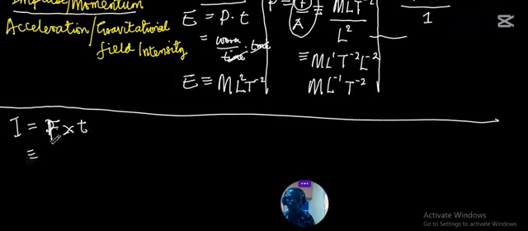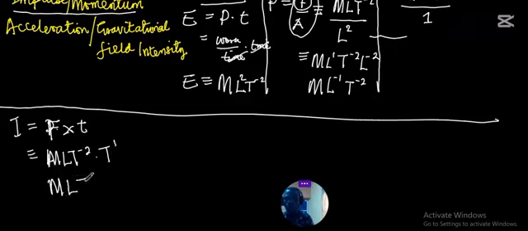And the dimension for force has been established as MLT^-2, times another time, T to the power 1. So combining, we're going to have MLT^-2 plus 1, which gives us MLT^-1. That's impulse.